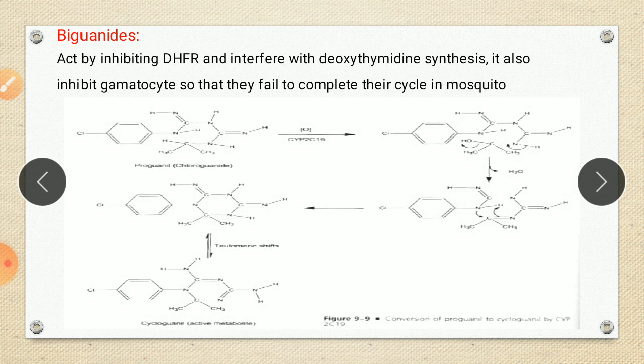Next drug is biguanides. A large number of biguanides have been synthesized and tested for antimalarial activity. Biguanides are prodrugs.